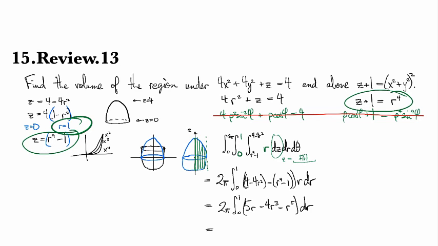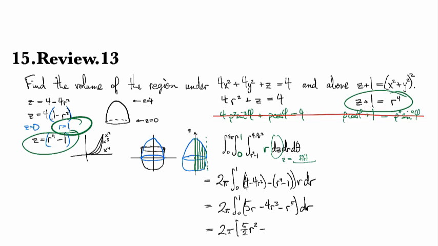And so then this is going to be 2 pi evaluated from 0 to 1. So we integrate: 5r becomes 5r squared over 2, 4r cubed becomes r to the fourth, the 4's cancel, and then we have r to the sixth over 6. And this is 0 to 1.